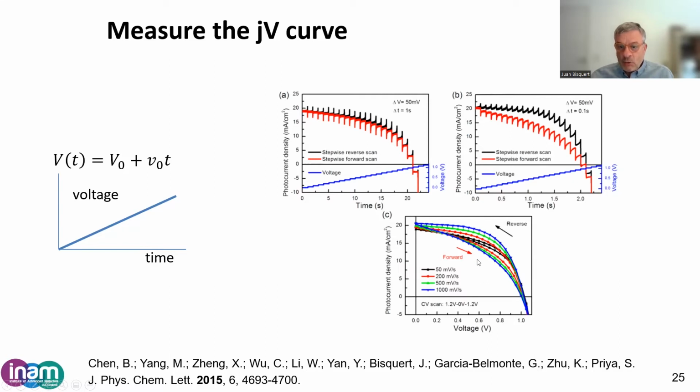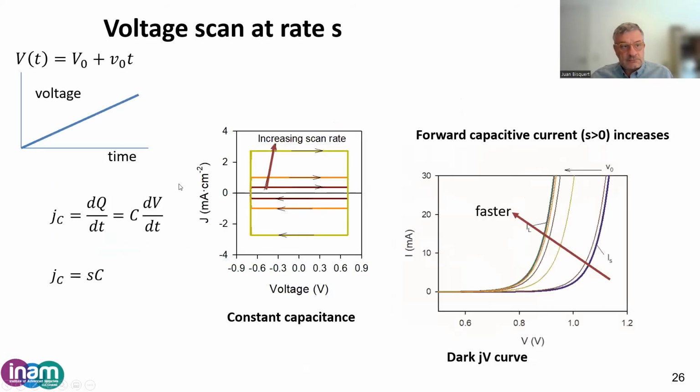So here the forward voltage JV curve is smaller than the reverse, and this is because of RC hysteresis, or capacitive hysteresis. In capacitive hysteresis, the forward current is proportional to the capacitance and scan rate. So at higher scan rate, you have more current.